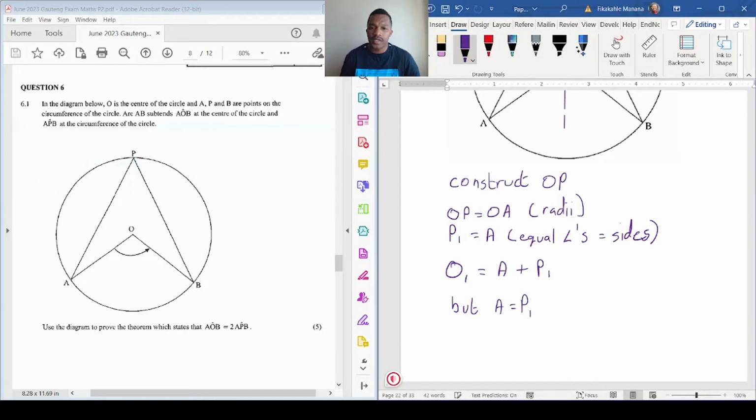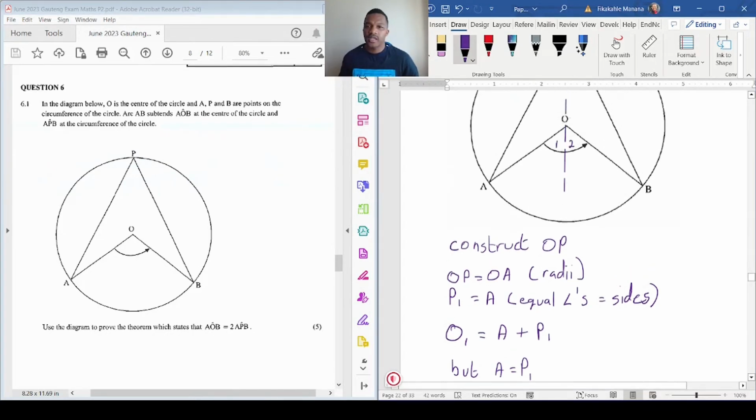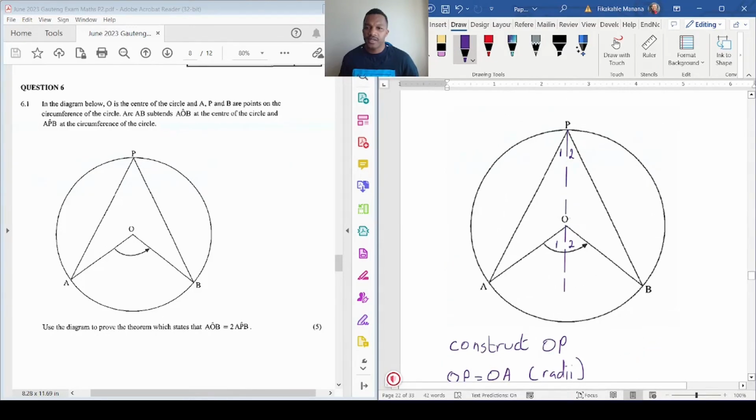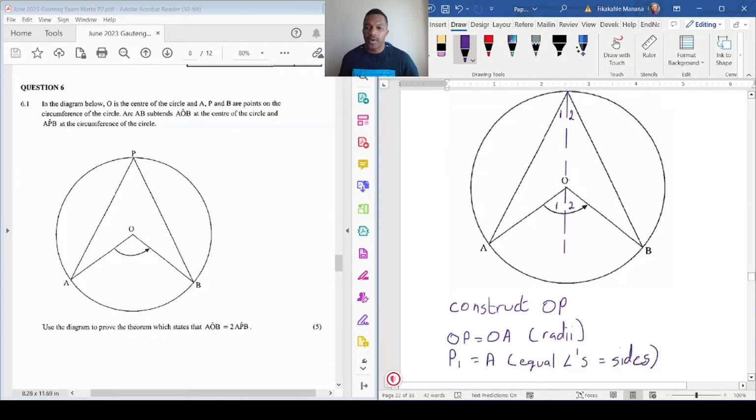So we can substitute, where there's an A, we substitute P1. So P1 plus P1. So O1 is equal to 2P1. Okay, so we've just proven that O1 is twice P1.